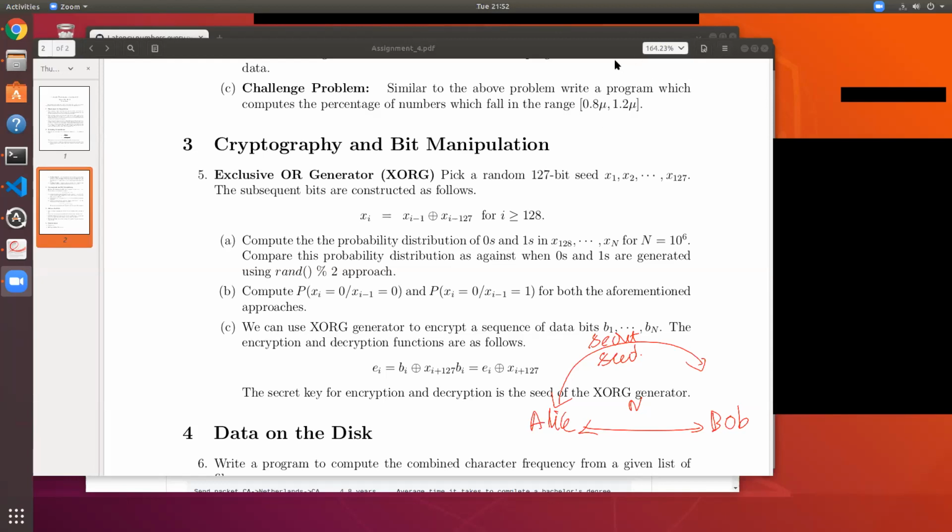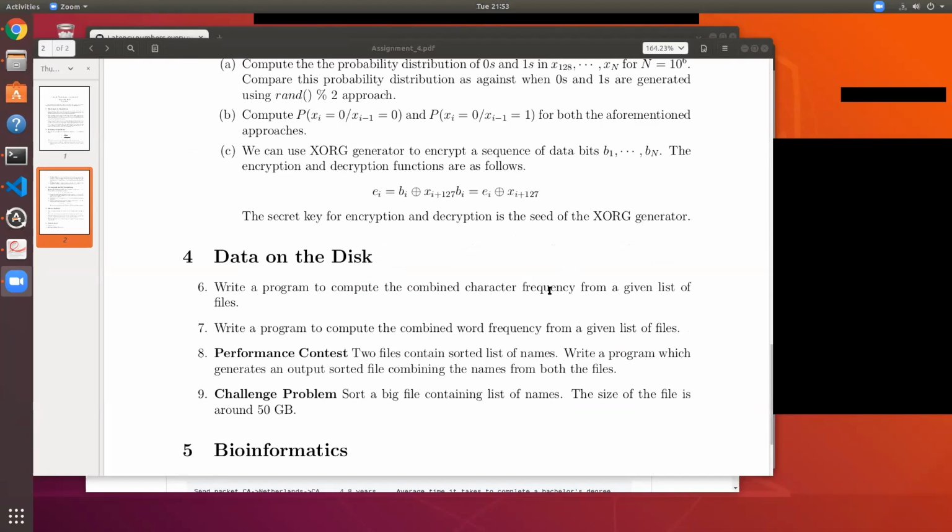We have a really good crypto group in IIIT. So, challenge problem: implement RSA. Go ahead, challenge yourselves. Nice.